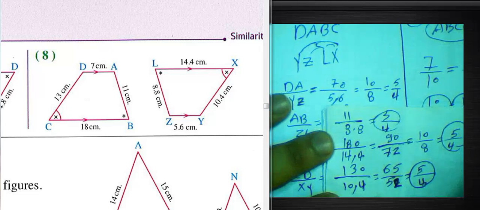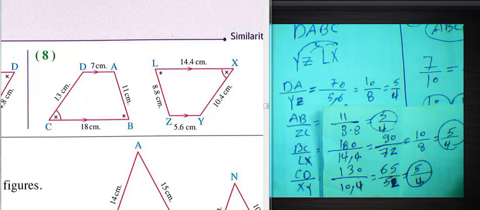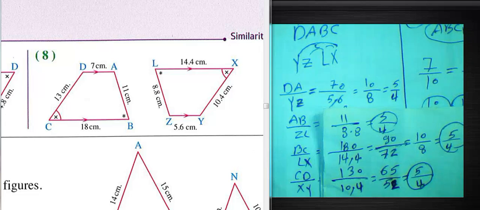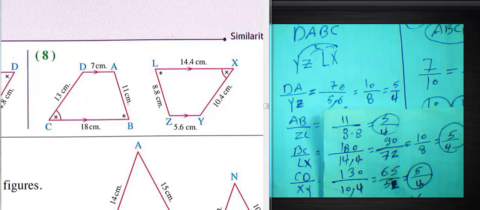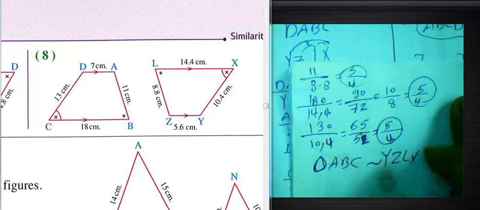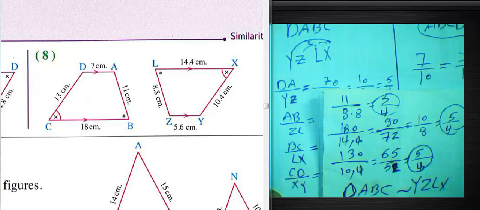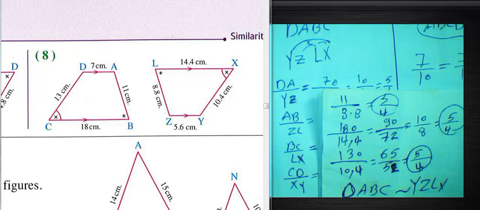Okay, the two trapeziums are similar. We can write the first, DABC similar to YZLX. It's okay for you, because each angle is equal in measure, and we have properties.